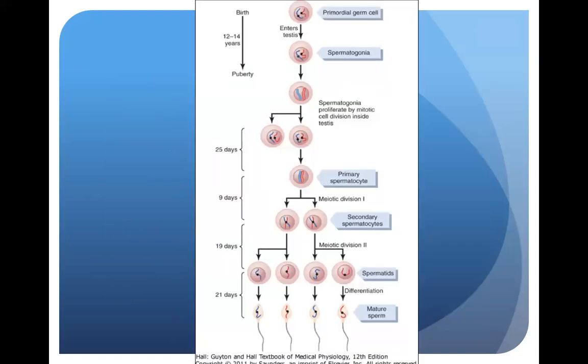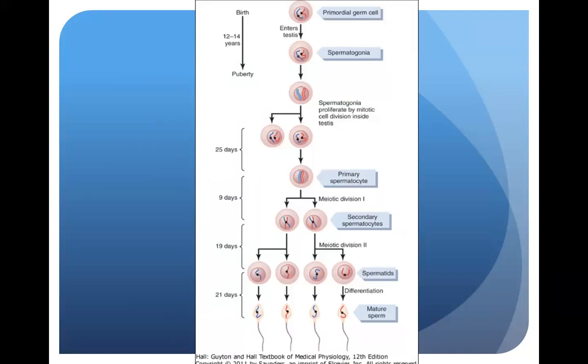So when the fetus differentiated into a male, magkakaroon siya ng primordial germ cells for the production of sperm cells.